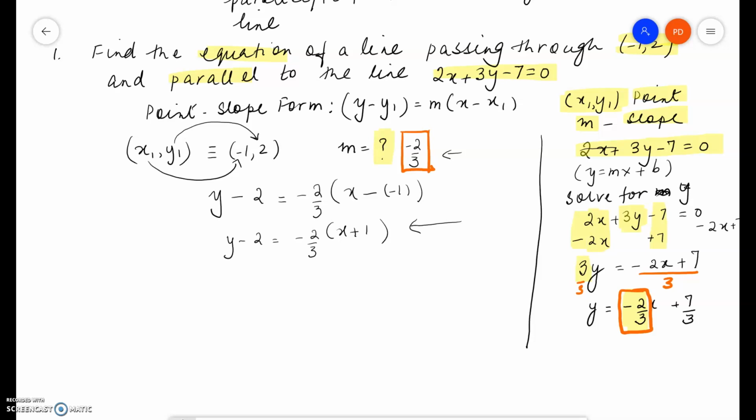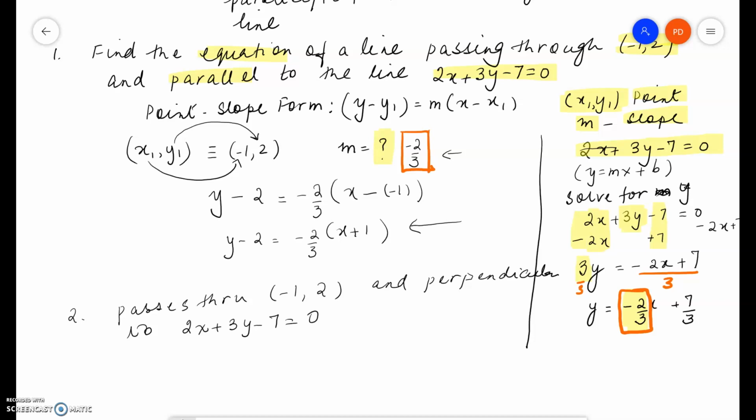Now, what if I had to find the equation of a line that passes through the same point, -1, 2, but I change the wording a little bit, and it is perpendicular to the line 2x plus 3y minus 7 equals 0?